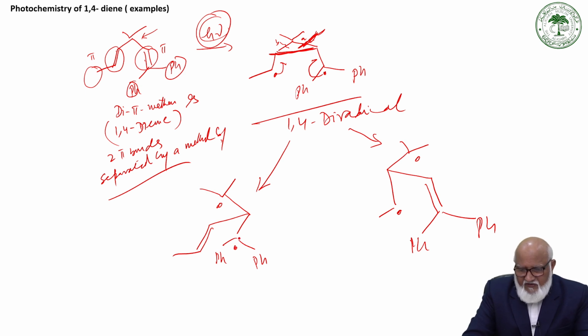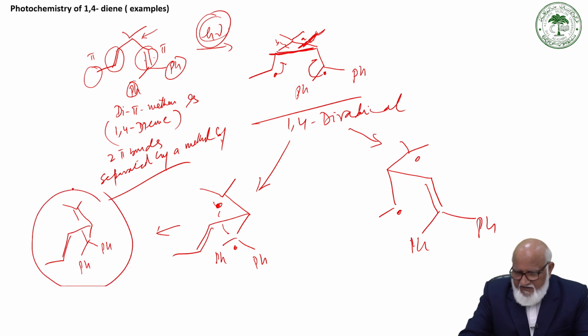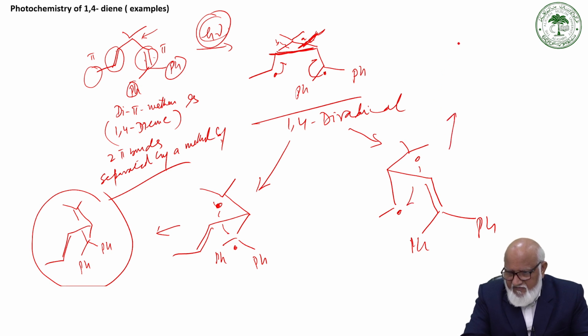Now these two radicals form a 1,3-diradical. Because these two double bonds are unsymmetrical, if we combine this, we end up with a product like this. This is one product, and if you combine the other, we end up with a product like this.